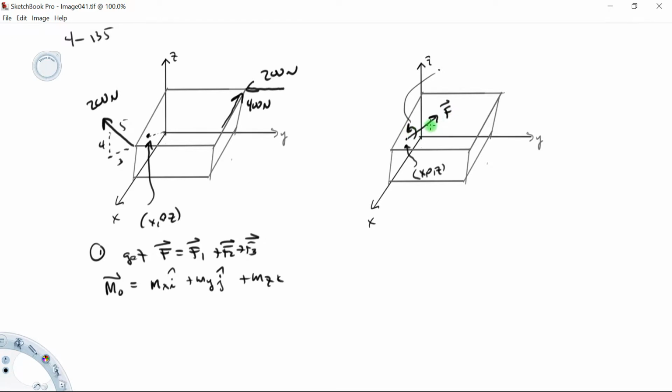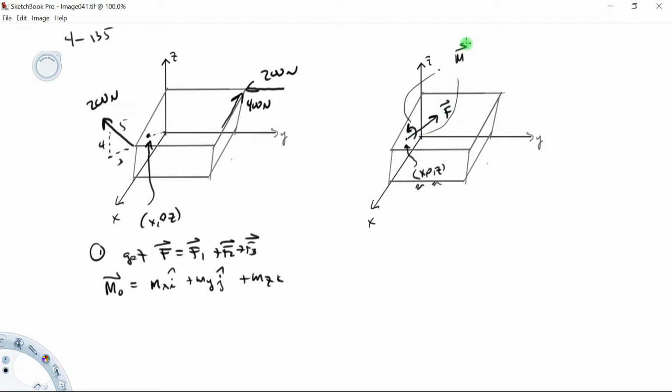Now the part in the question about where this force vector breaks the xz plane: there is some point here in the xz plane that has coordinates x and z where this force vector's line of action goes through. So unknowns in this problem are the x, the z, and the force vector here, and this couple moment vector.